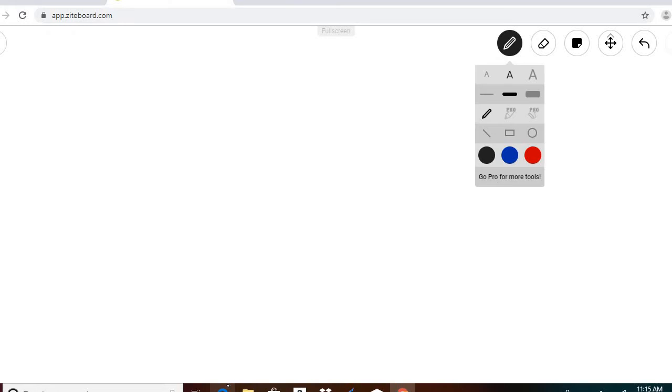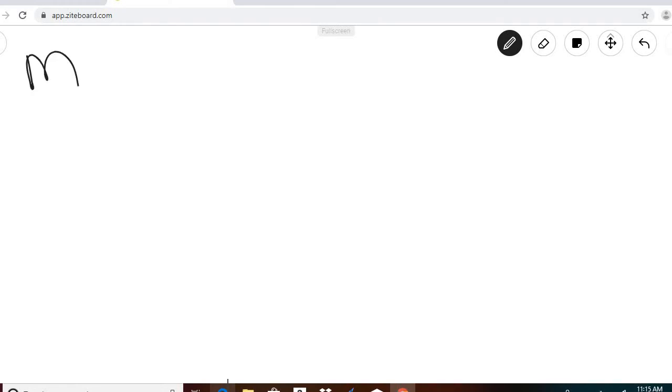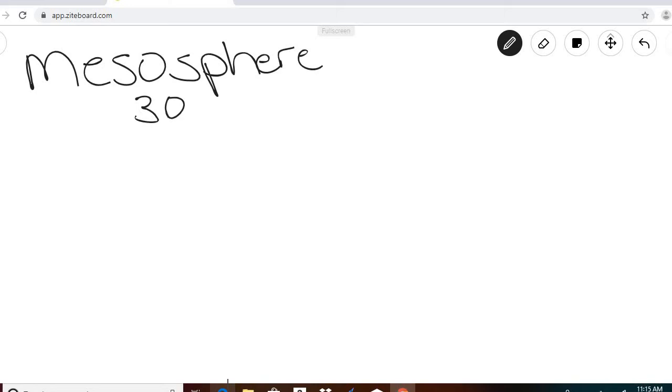Okay, then the last area within the homosphere is called the mesosphere. So this exists from about, I'm going to give it to you in miles, 30 to 50 miles above sea level. So 30 to 50 miles above the ground at sea level.